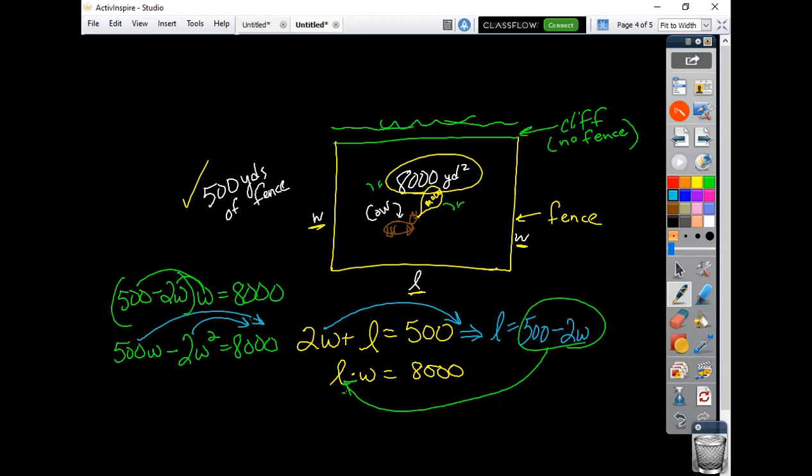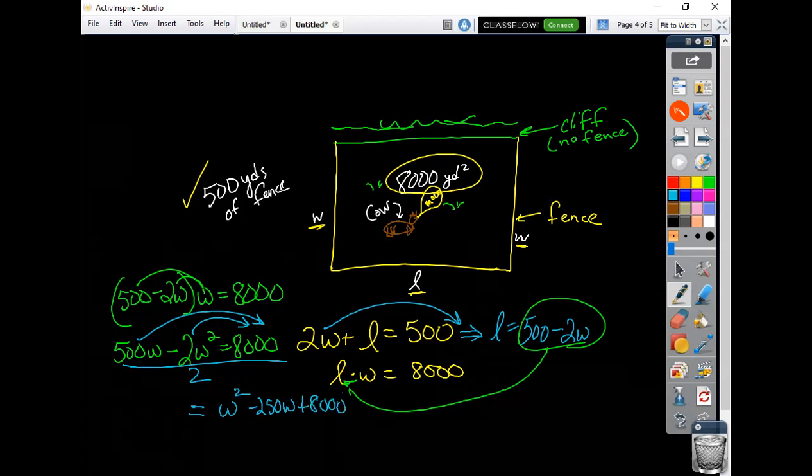I hope I don't lose anybody here. But I'm going to divide by 2. That makes this one, when I move it over to the right, 250W, and it's going to be negative. This one's going to be negative 1 added to the other side, my W squared. And then this plus 8,000.